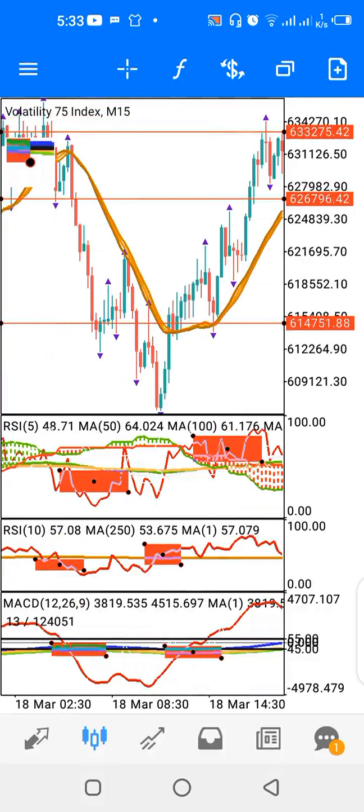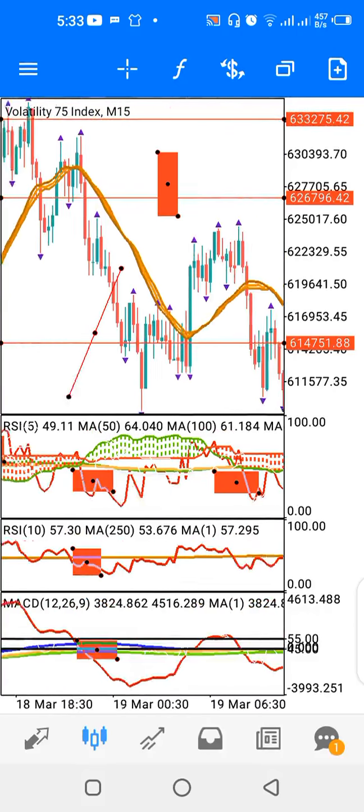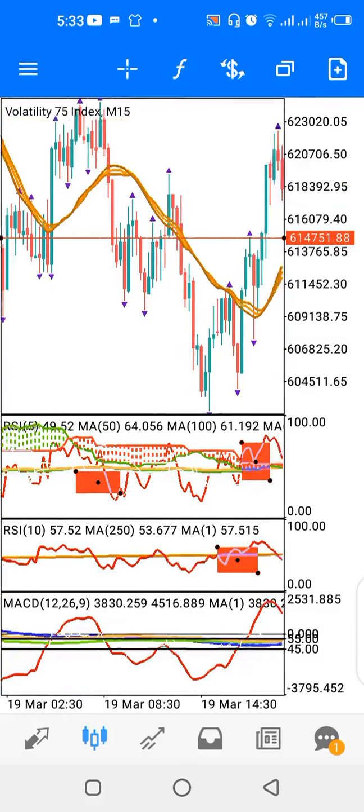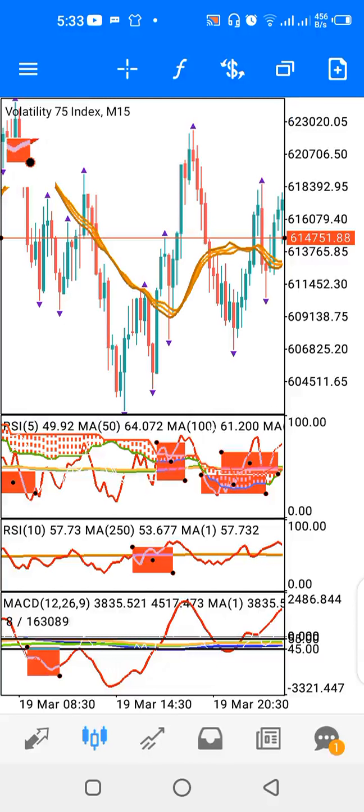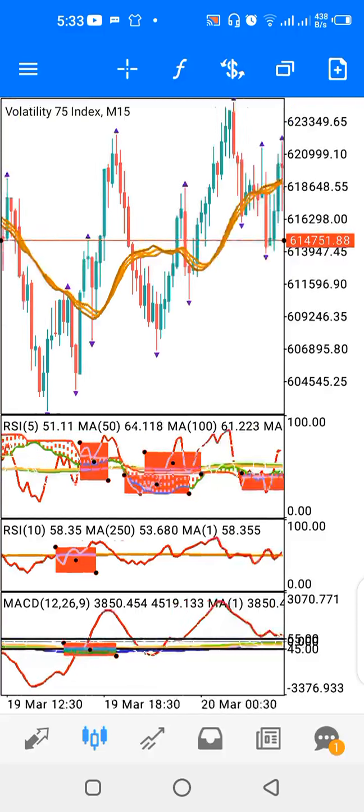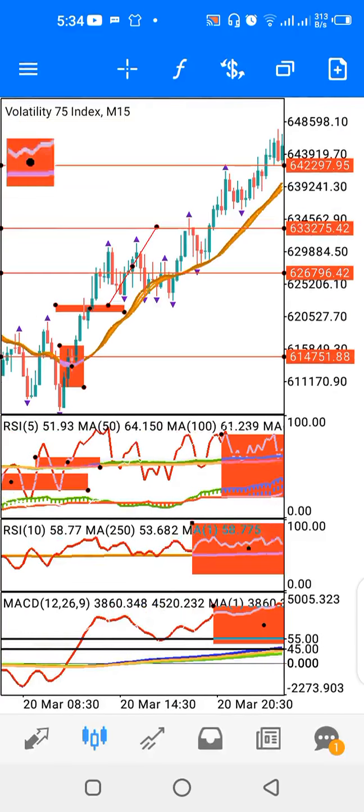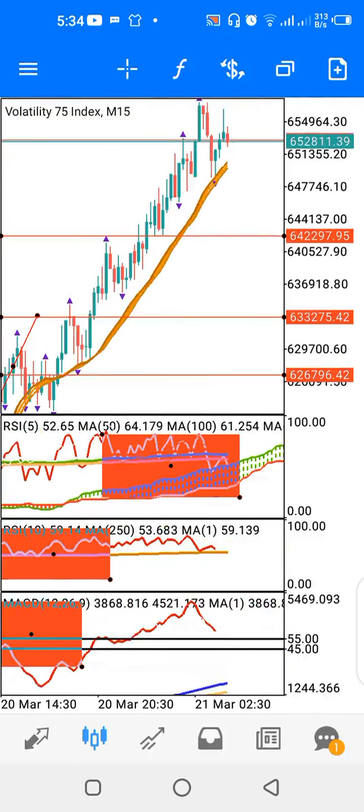When it crosses below, sell. When it crosses above the moving averages, buy. Let's sell, buy, sell. Just simple. Sell time and this buy time. So that's basically how the strategy works.